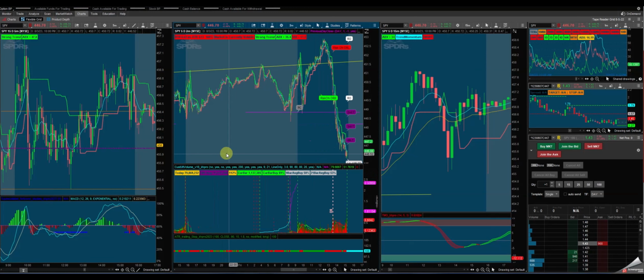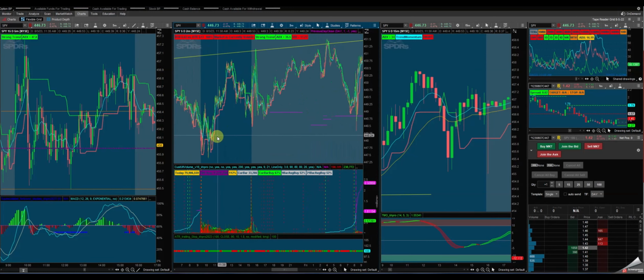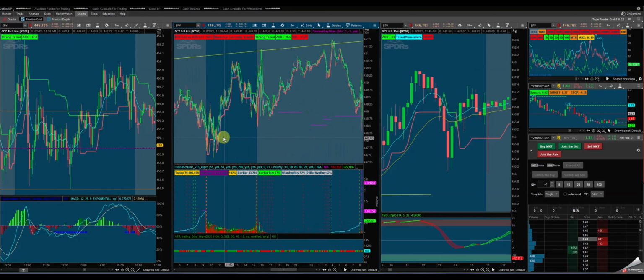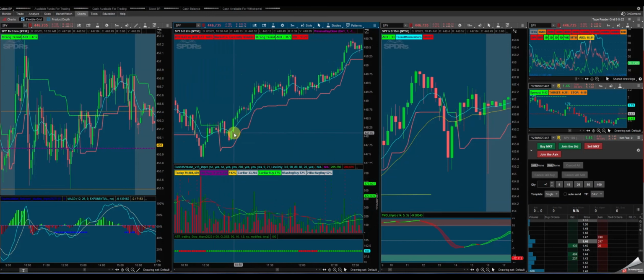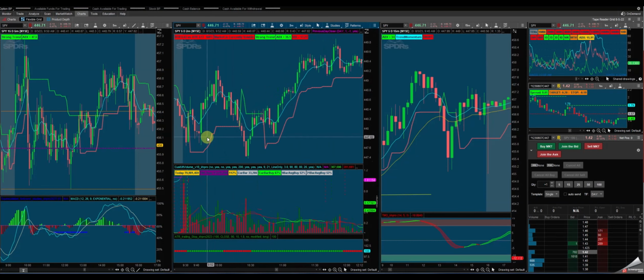You can kind of see that when both averages turn red at the same time, you can expect follow through in selling off.